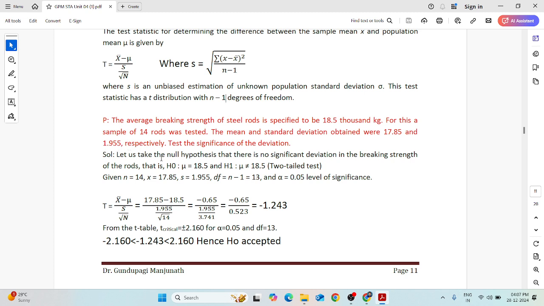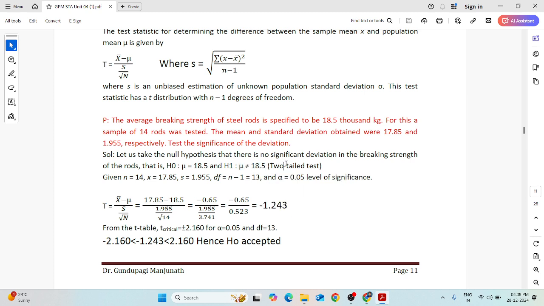The null hypothesis is that there is no significant deviation in the breaking strength of the rods, so mu is equal to 18.5. The alternative hypothesis is that it is not 18.5.